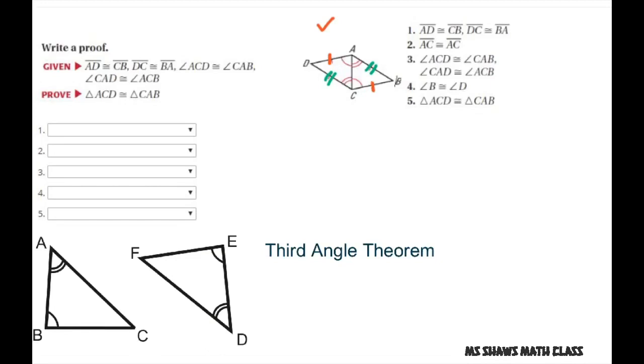So we want to prove that triangle ACD is congruent to triangle CAB.